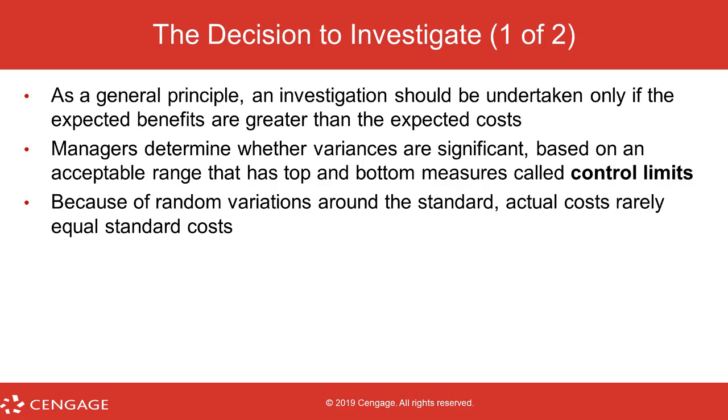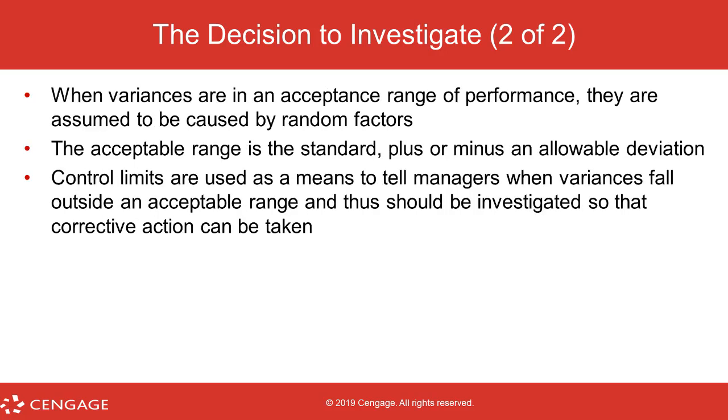So just simply investigating every variance wouldn't do us any good. By setting the control limit and creating a range of acceptable variation, if something falls within that range, we assume that it's just caused by chance or random factors. The acceptable range is the standard plus or minus the allowable tolerance.